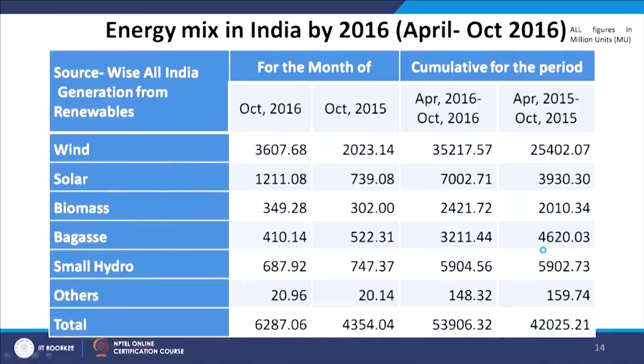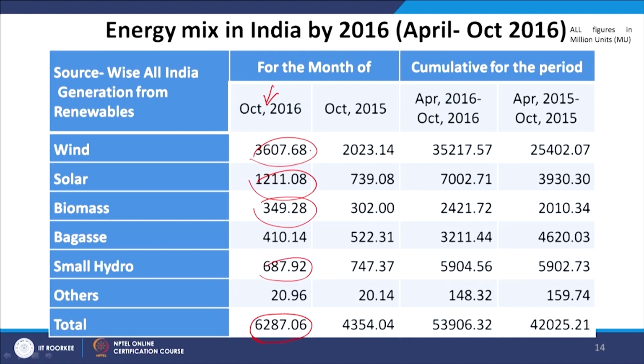Now, if you look at the energy mix, this is what the report says. In October 2016, if you take one of the data, in the first column we can see that the total energy mix is 6,287 for the month of October itself, and it has combinations. The energy is coming from wind, solar, biomass, and small hydro and others.